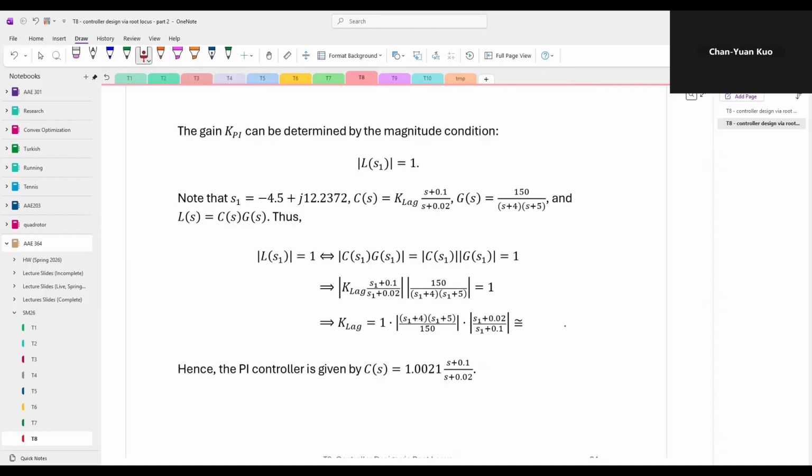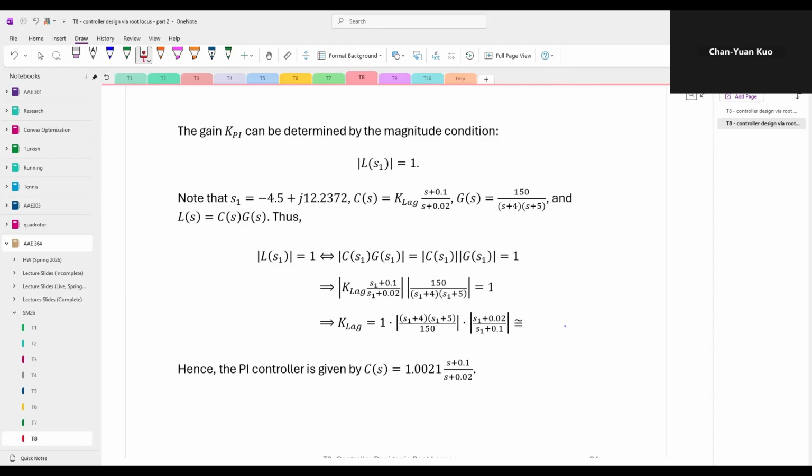Again, since the open loop transfer function L is a cascade of the lag compensator and the plant, and that the original dominant poles are assumed to lie on the root locus of the compensated one, we can substitute these expressions into the magnitude condition and evaluate them at the original pole location.